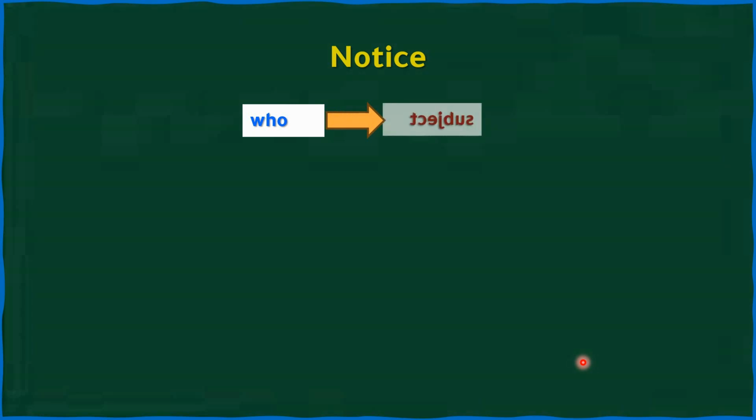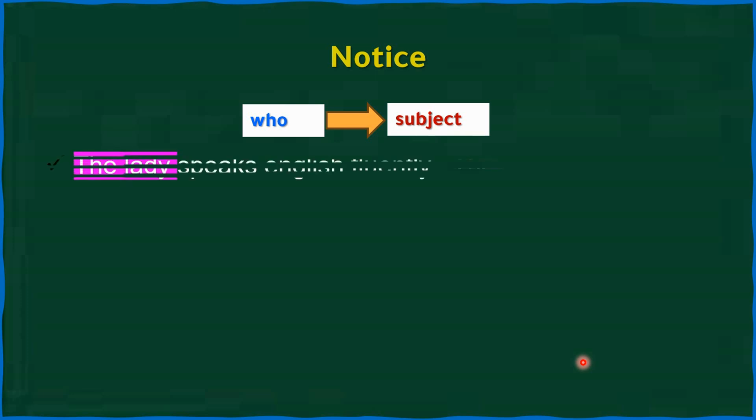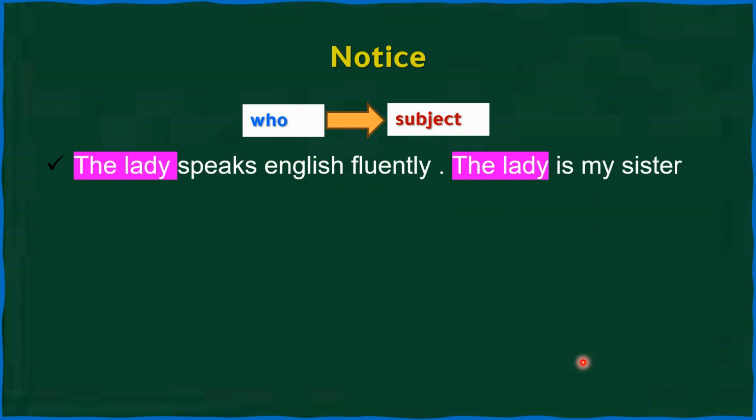While talking about relative clauses, we pay attention to two points. The first is who. Who indicates the subject of the sentence. It replaces the subject of the sentence and not the object. For example, the lady speaks English fluently.